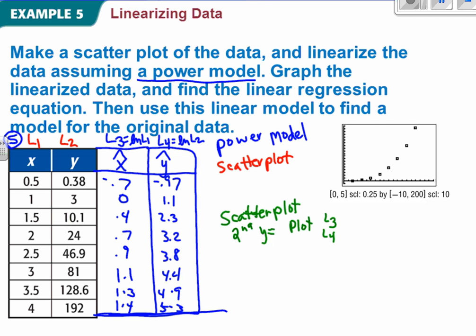So go second y equals, and then to scatter plot. It should already be on, go down to the X list and go second 3 and go to the Y list and second 4.